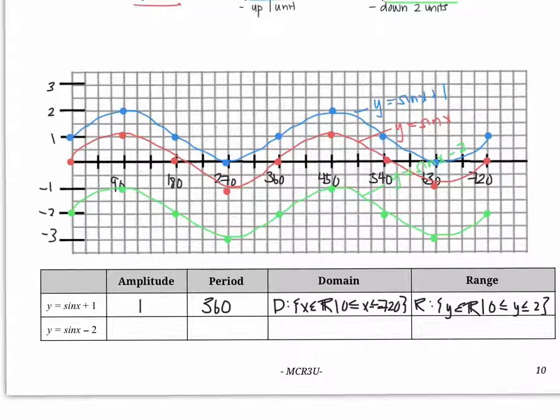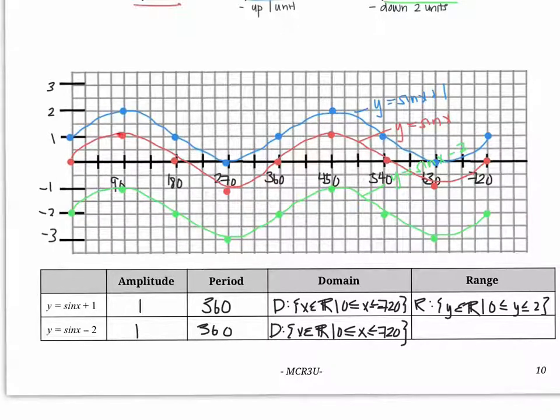So in a similar way, taking a look at our green graph now, the one that was shifted down 2, our amplitude is still 1. The distance between the middle of the graph, which is now at -2, and the top is still 1. Our period is still 360. Our domain also hasn't changed. If we're just talking about 2 cycles, it has to be between 0 and 720. And again, our range has changed.